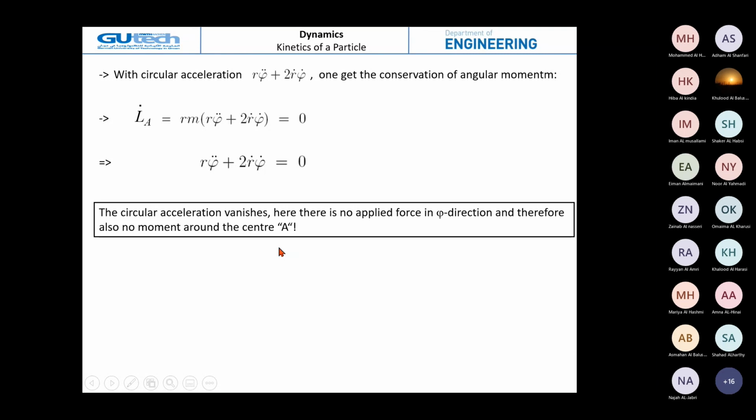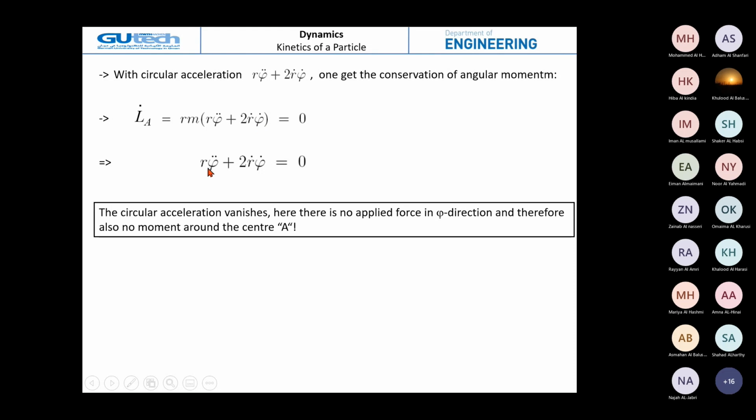Now, we have the circular acceleration, which is defined by the following relation when we get the conservation of angular momentum. L dot, as we said, is equal to 0. L dot is defined by R m, the acceleration in phi direction.